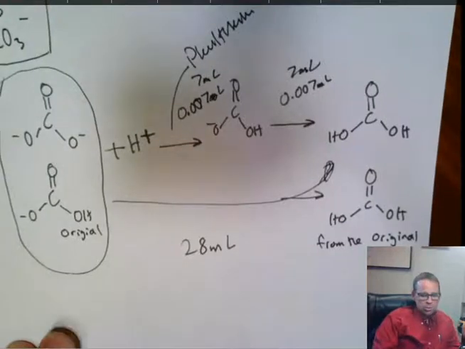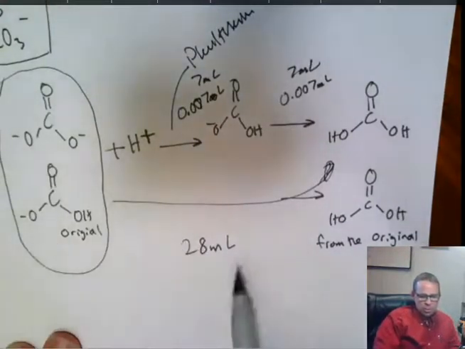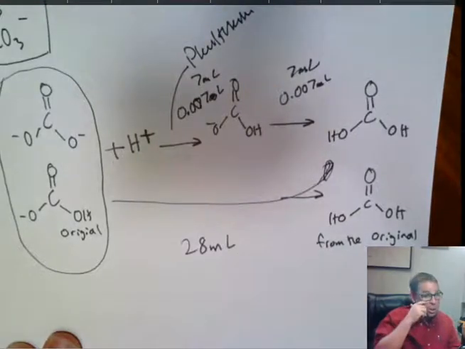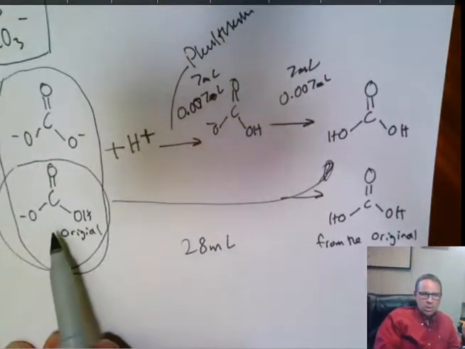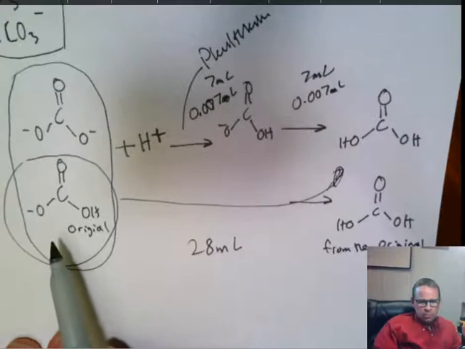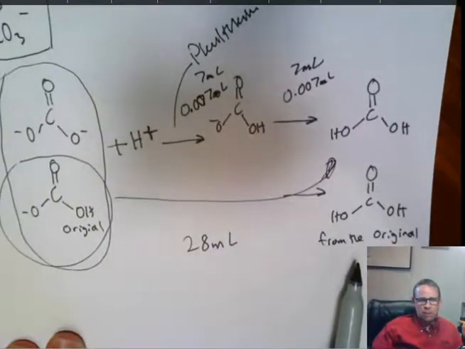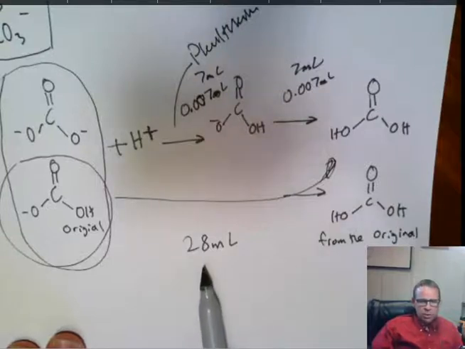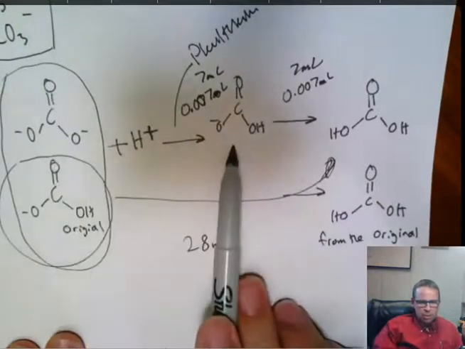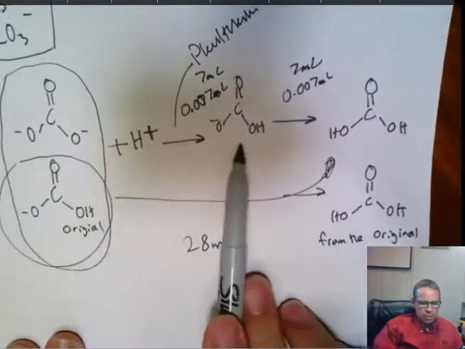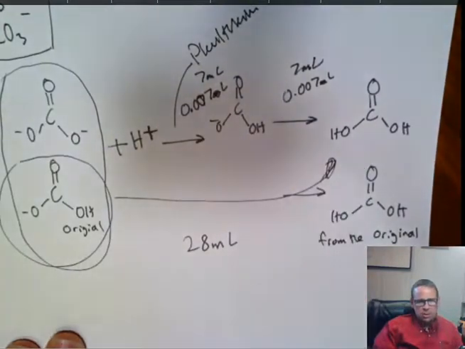All right, so if the whole process required 28 milliliters to get the methyl orange to change color, and we want to know how much of that 28 milliliters was necessary to change our original bicarbonate to carbonic acid, then what we have to do is from this 28, we need to subtract the amount that was required to get this carbonate to bicarbonate and the bicarbonate from the carbonate ultimately to carbonic acid.